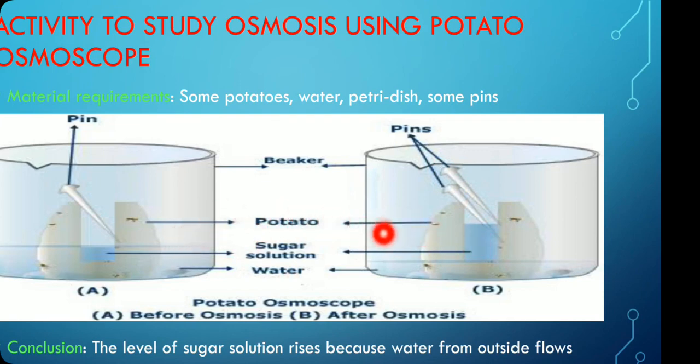Why has it happened? Because here the potato works as a semi-permeable membrane, and there is water outside the potato osmoscope, and this water has moved from higher concentration to lower concentration, and that's why there is an increase in the level of sugar solution.